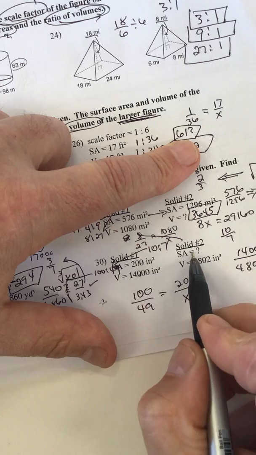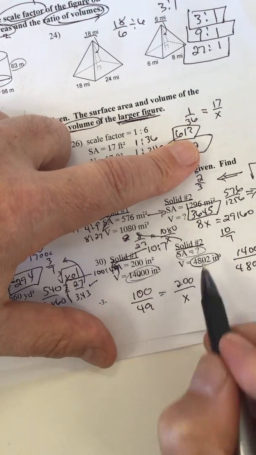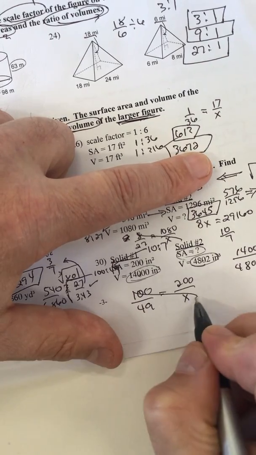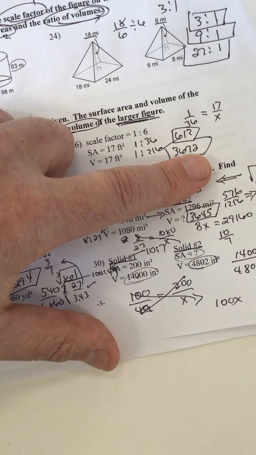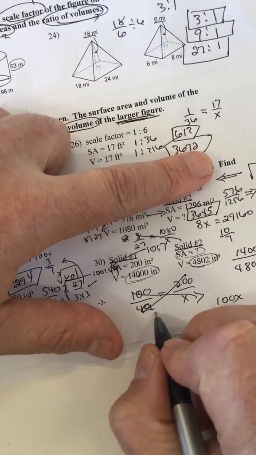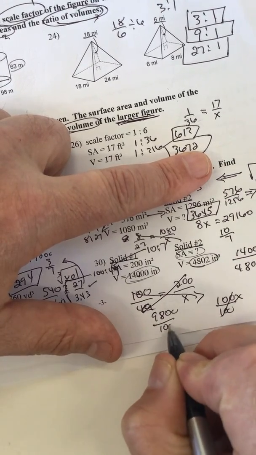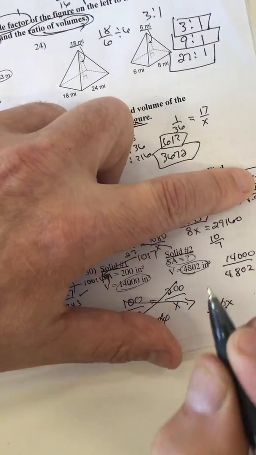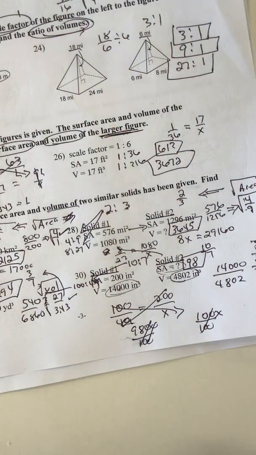Now, this one should be smaller than 200. This one was smaller than 14,000. This should be smaller. So here I have 100x. 200 times 49 is 9,800. Divide by 100. That's 98. So it did get smaller.